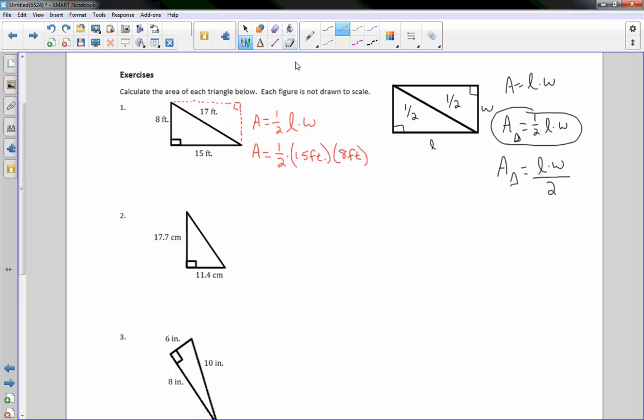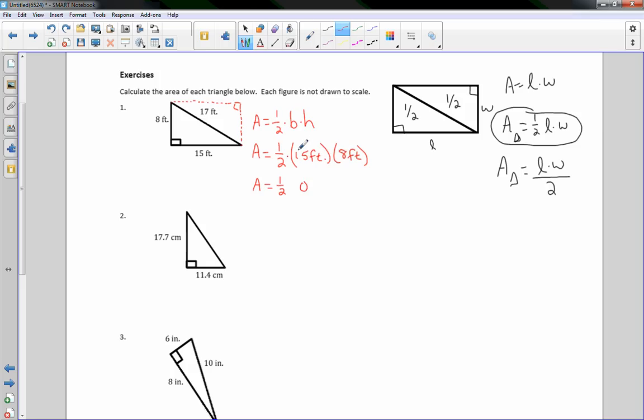Okay, so let me change that to B and H, because remember they are the same thing, and we're probably going to use this formula more so than LW, getting you familiar with what a base is and what height is. So area equals 1/2 times 15 times 8. Remember when we multiply, order does not matter because multiplication is commutative. So I'm going to multiply the 15 times the 8 first, and 5 times 8 is 40.